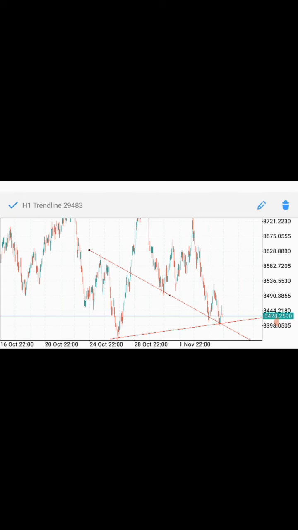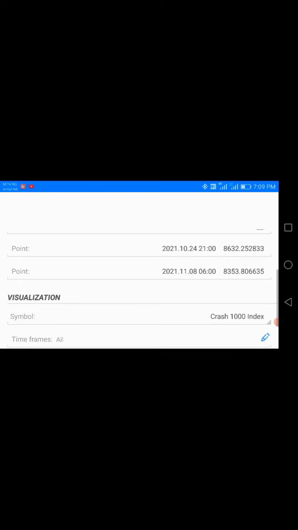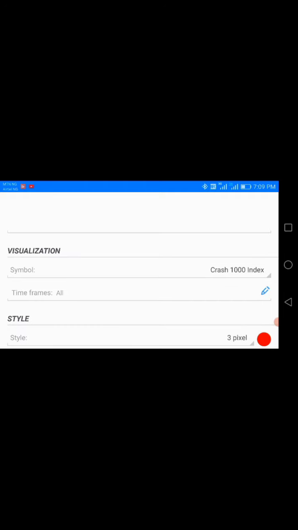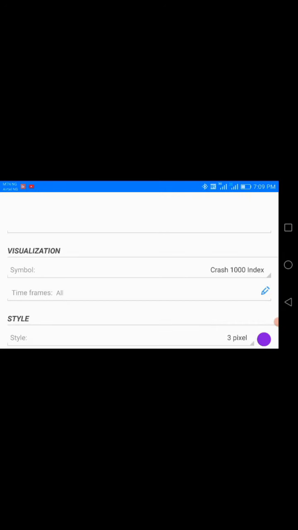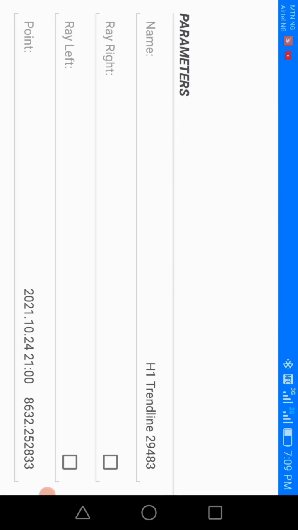Now let's do it this way. Let me increase the font, the pixel. Let's take on 3, and then let's change the color to something like this. Okay, let's get back to the chart.